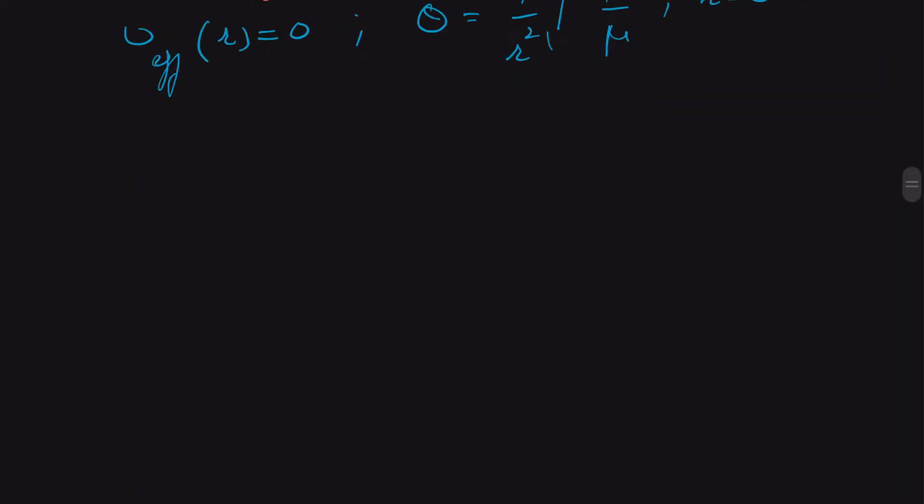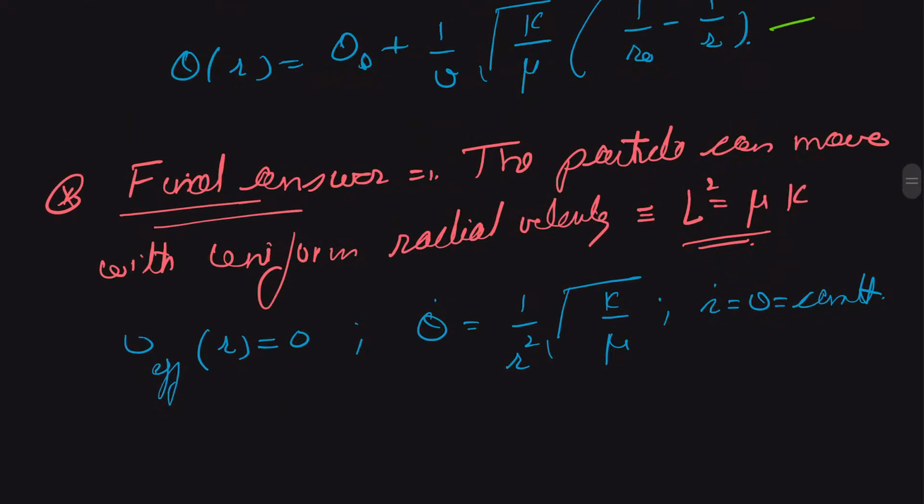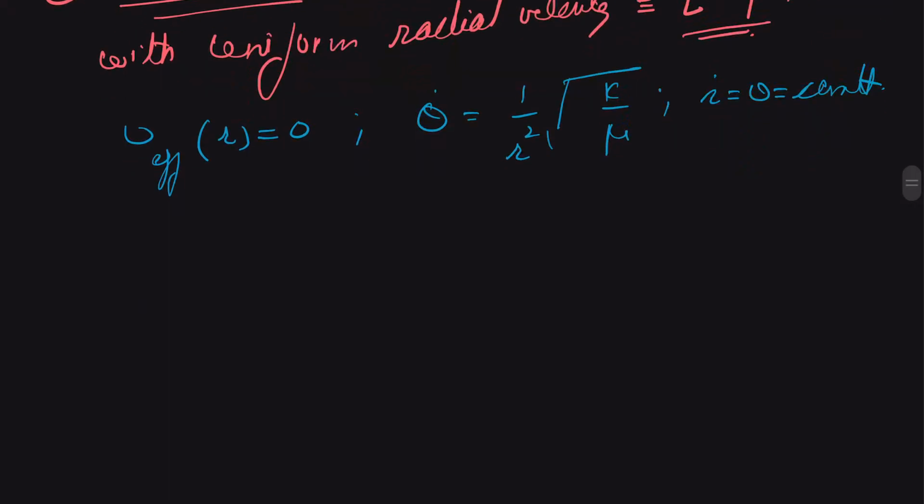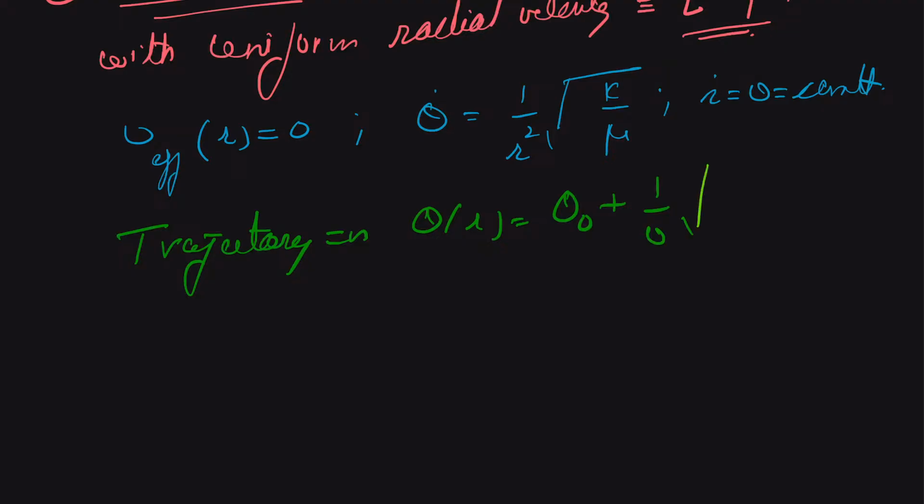And the trajectory equation, which we just found out, is theta of r is equal to theta naught plus 1 upon v square root of k upon mu times 1 upon r naught minus 1 upon r.